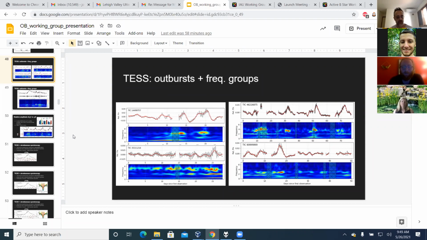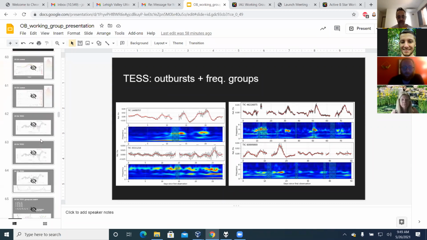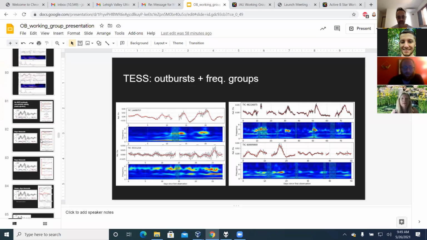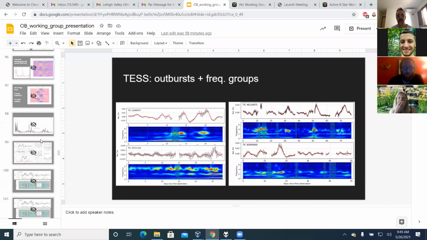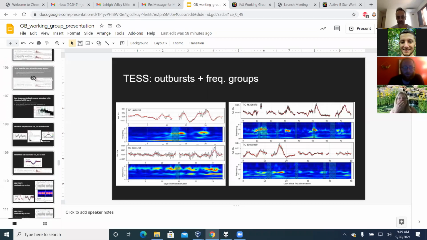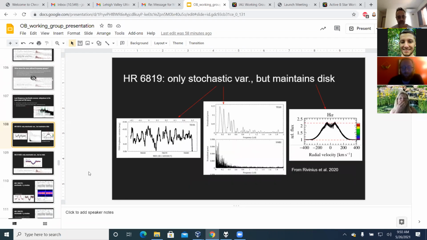And 6819 does have a very stable disk, but has no flicker in the light curve and has no frequency group. So this seems a little odd, in the sense of what's going on. I'd like to hear your comment about this.